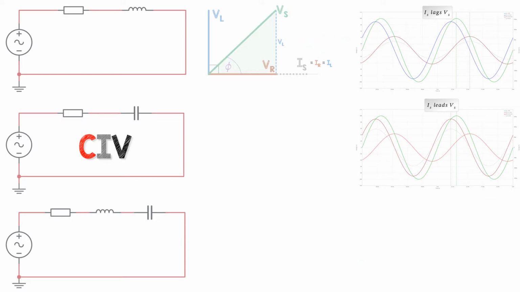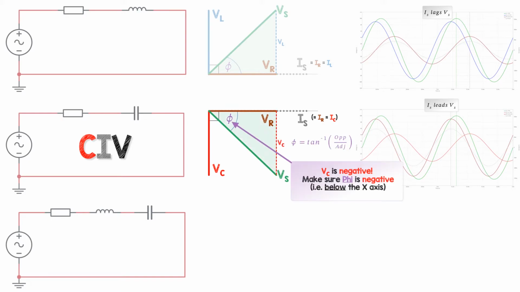And this changes with frequency. For a capacitor, the current through it leads the voltage, so the voltage lags the current, if you like. And again, we can make a voltage triangle, and the phase angle is negative here. Be careful, because the capacitor voltage is always negative with regard to the inductor voltage, so we need a negative angle here below the x-axis.